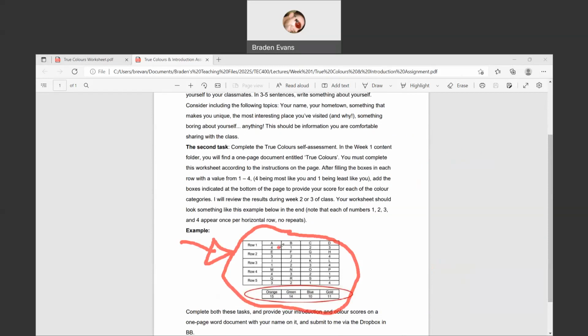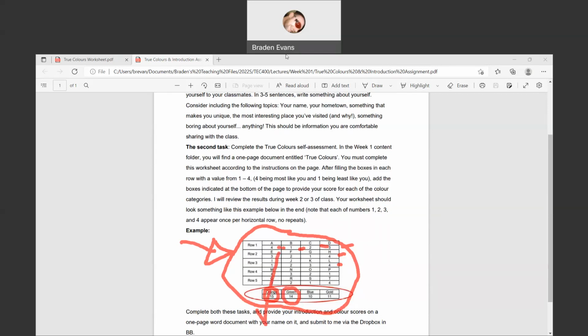Look, there's a 4, a 1, a 2, and a 3 in there. You don't see numbers repeating, just one of each. That was row 1. Row 2 is here, row 3. And then you add up all the appropriate ones and you get a number for each of your categories. And in this case, this person is an orange.